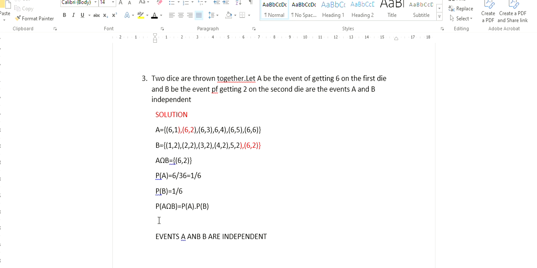I'll take LHS as probability of A intersection B. Same thing, I'll just copy here. So this is 1 divided by 36.